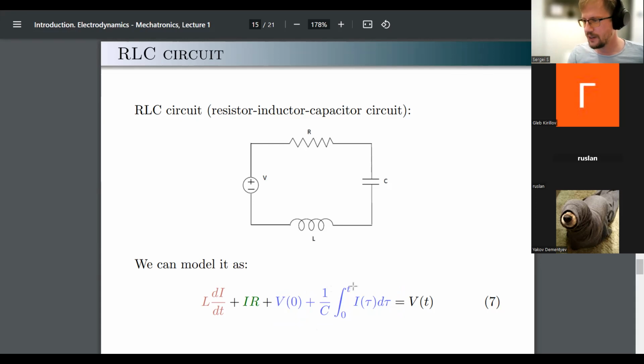So this is the rate of change of charge, right? How much charge flows through this wire. Since it is a single circuit, the amount of charge flowing in each particular direction is exactly the same. The amount of charge flowing here is the same as flowing here, same as here.